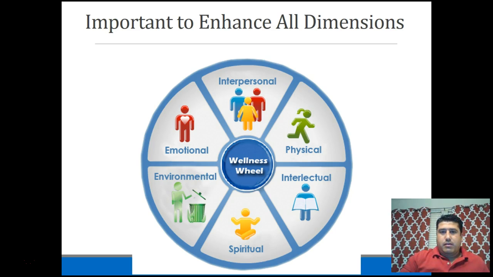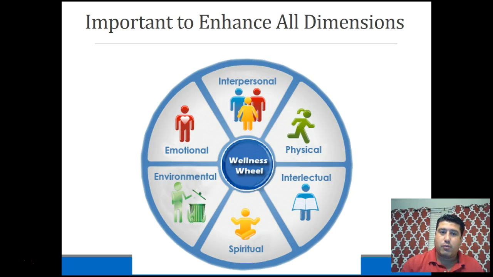Okay, so in order to be well, according to this course and our textbook, it's important to enhance all dimensions of wellness. So it's an opportunity for you to look at each of these dimensions and realize, there are some things I can do here, or some things I haven't done here, or maybe I'm doing too much here.